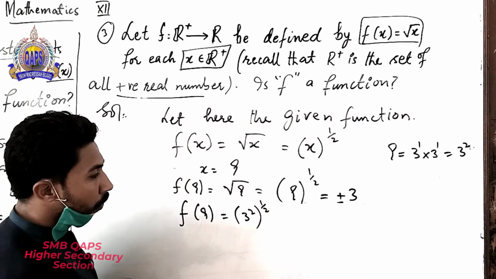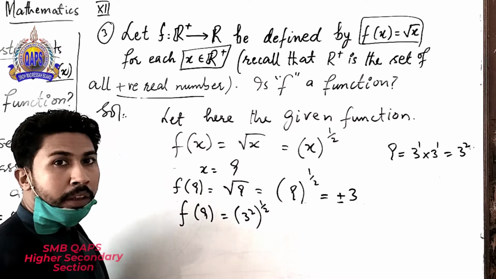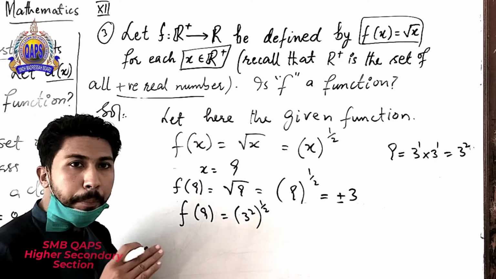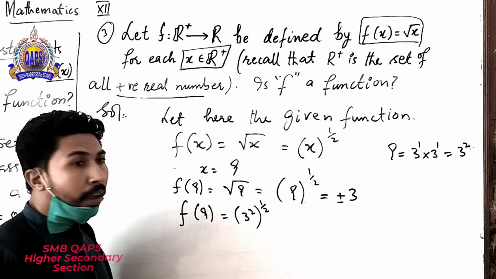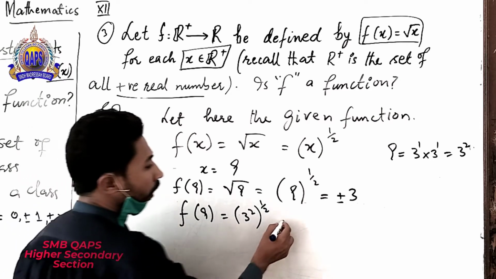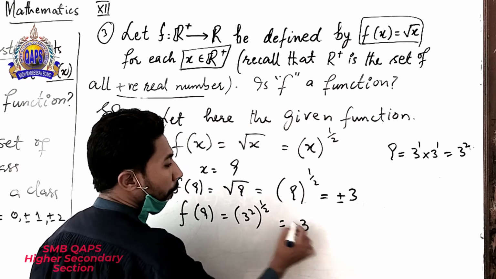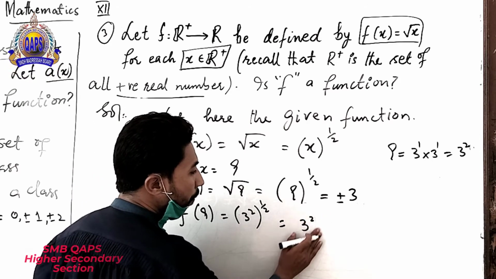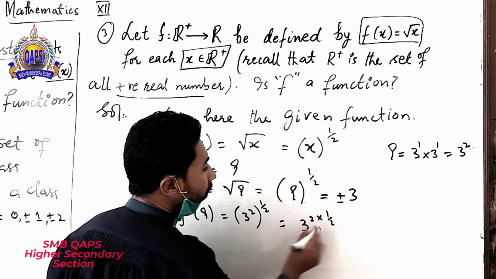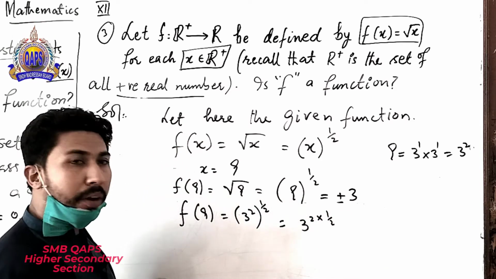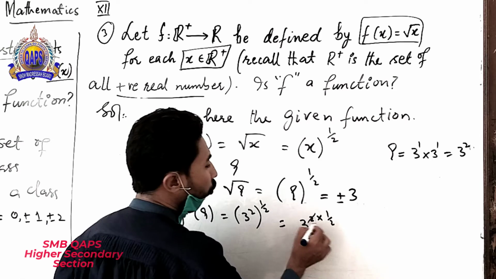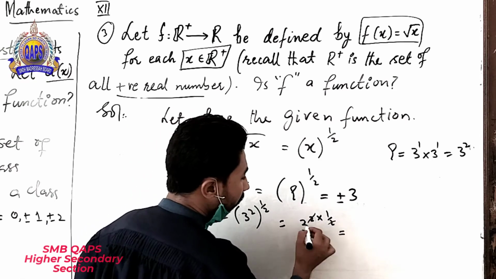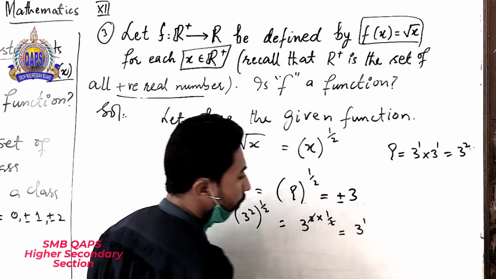1 upon 2. When a number contains a power of a power, both powers are in multiplication form. So here the 2 powers multiply, the 2 will cancel, and the result becomes 3 power 1.